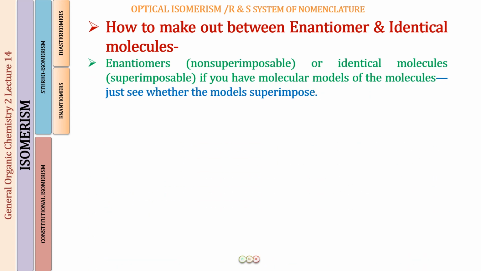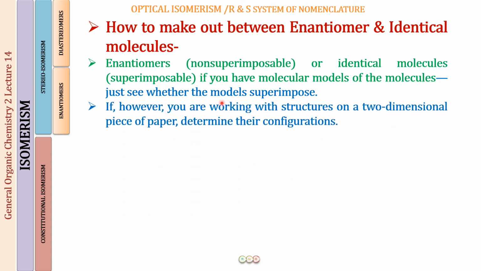Okay, so the enantiomers, they are going to be the non-superimposable mirror images of each other, whereas identical molecules, well, they can be the mirror images of each other, but they will be superimposable. Okay, if you have the molecular models of the molecule, what you are going to do is just superimpose the models and you will be able to find out whether they are enantiomers or they are going to be identical molecules. But again, you cannot do that in the examination.